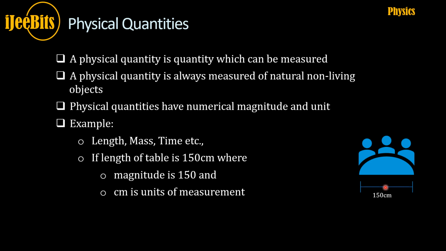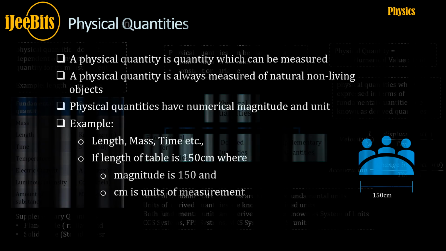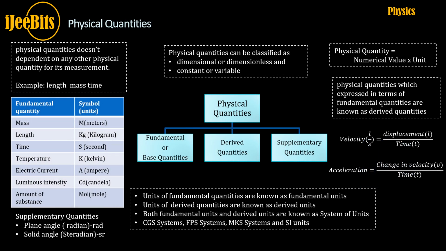Likewise, some magnitude and some units are what we use for measuring a physical quantity, right? A fundamental physical quantity does not depend upon any other physical quantities for measurement. Length, mass, time are physical quantities for which we don't require any other physical quantities to measure.